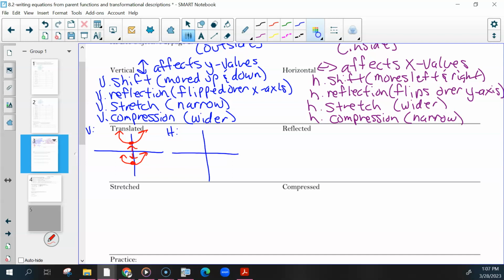And then do the same thing with horizontal. It moves left and right. So if it moves to the right, it would be somewhere out here. If it moves somewhere to the left, it would be somewhere out here. And I would show that it moves left and right.